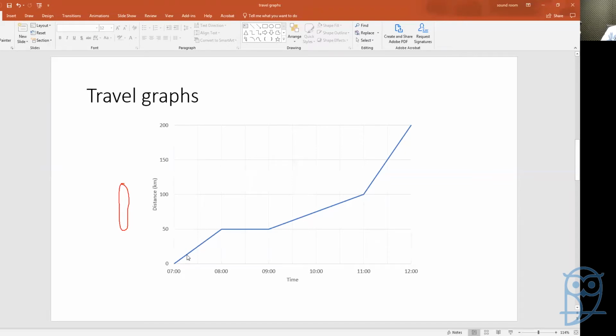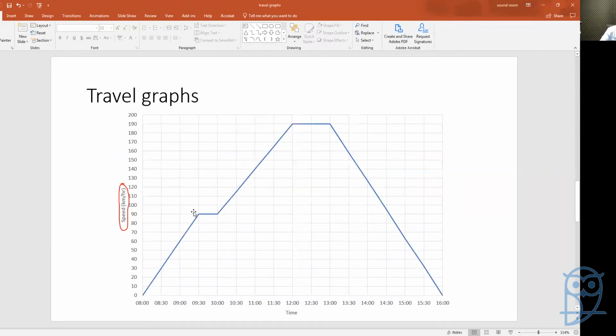This whole thing was 50 k's an hour, and they were traveling at a constant speed, 50 k's an hour, for that entire hour. Here, it's not quite like that. So here, my speed is actually changing. Here, my speed is staying constant, speed changing, constant, speed changing.